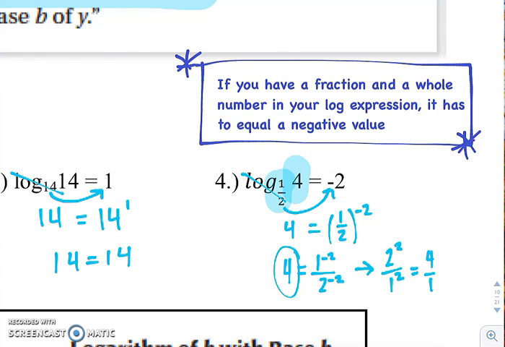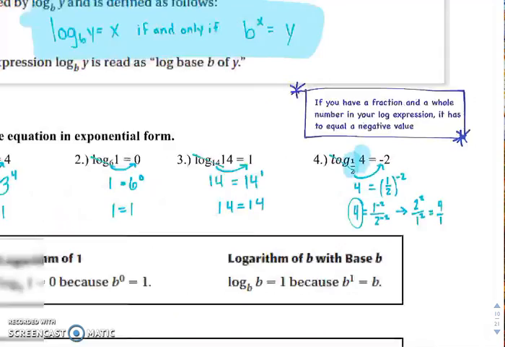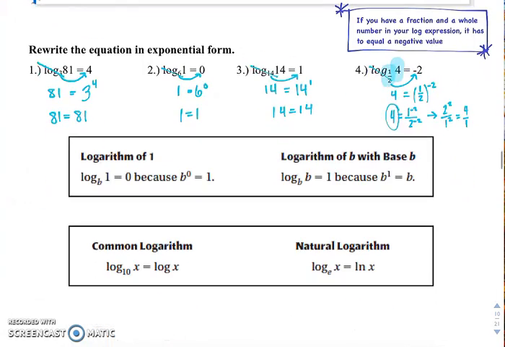So we're going to look at those 2 little key boxes down there at the bottom, and then we'll do some examples together with practicing. But down at the bottom, we've got this box with the logarithm of 1 and logarithm of base b with b.